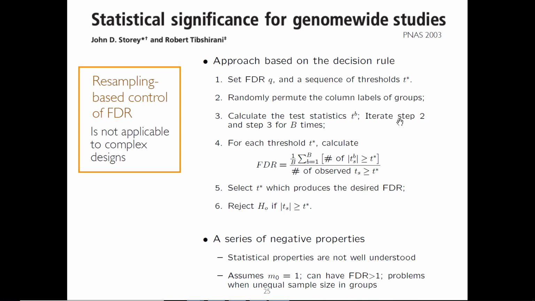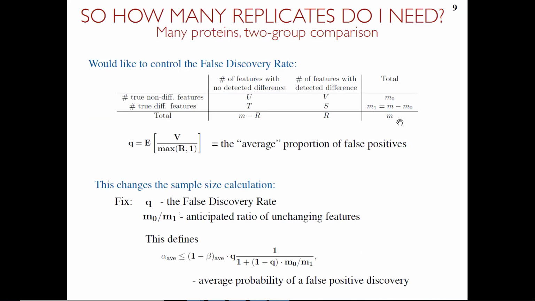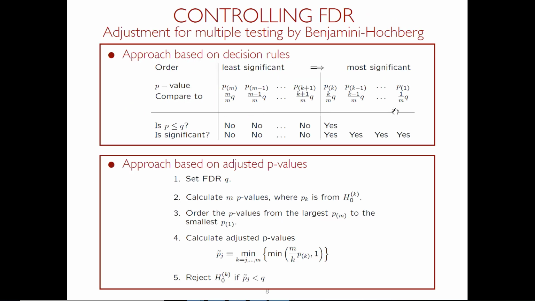I added a slide based on the conversation we had yesterday. Somebody asked me about adjustment for multiple testing using permutations. So now I'm going back to what we discussed earlier in the hour: how can we do adjustment for multiple testing with false discovery rate?